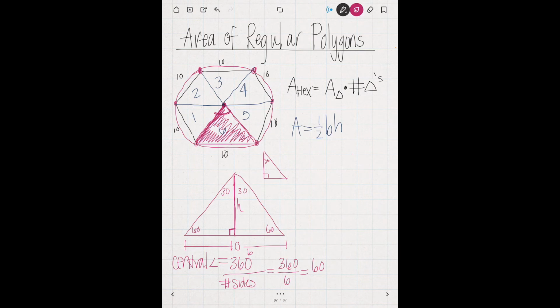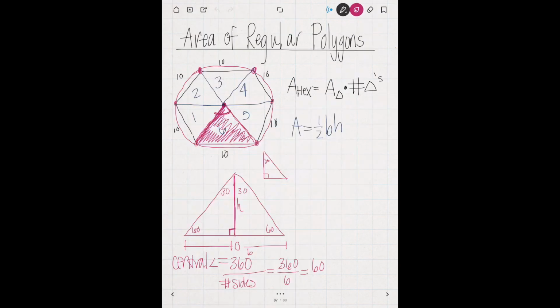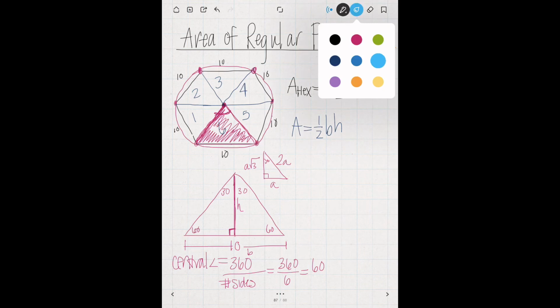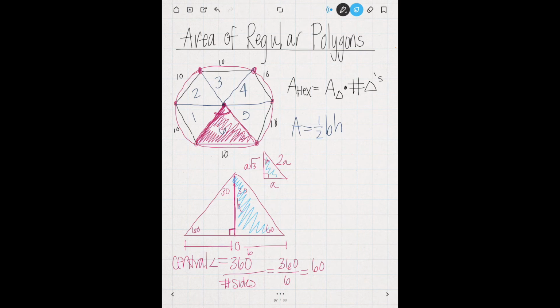Across from my 30 is going to be my value A. Across from my 90 is going to be my 2A, and across from my 60 is going to be A times the square root of 3. Now I'm going to focus just on this triangle, which is the same as this triangle.